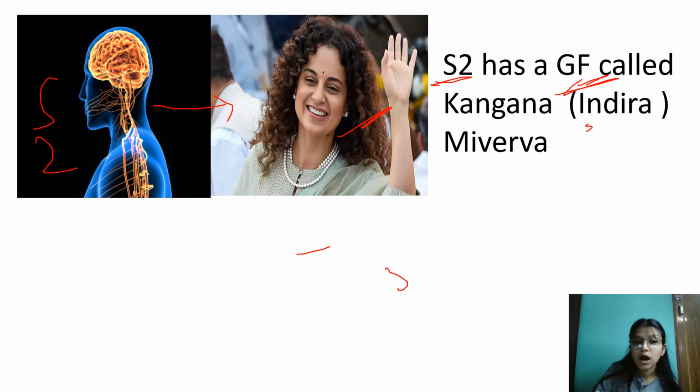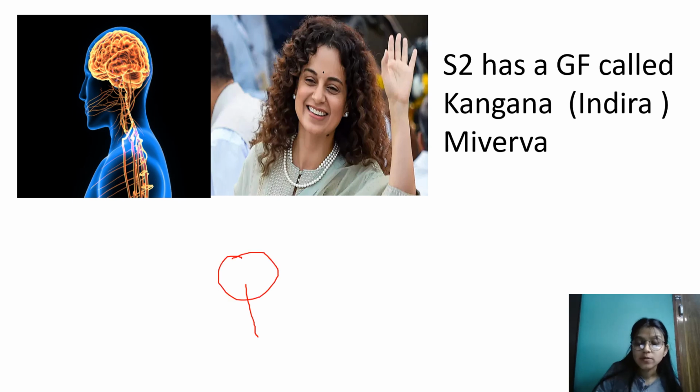Now let's talk about how we will remember the definition of the basic structure theory. So let's understand this through the medium of us, I mean human beings. So as we all know, our brain plays a very important part in conducting all our behaviors and such other stuff. So we are allowed to do minor changes to our body, for example, piercing, applying mehendi to our hand, dyeing our hair, and such other stuff.